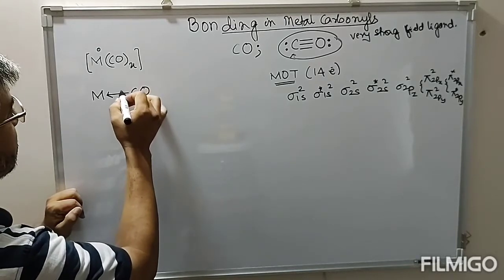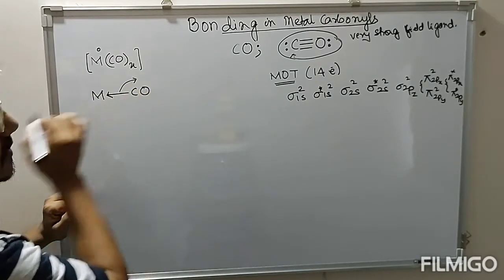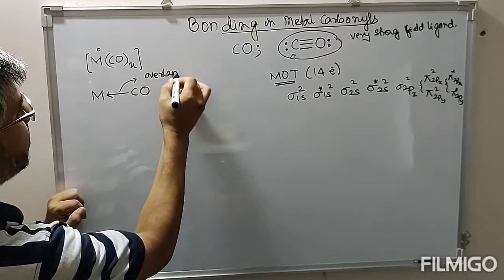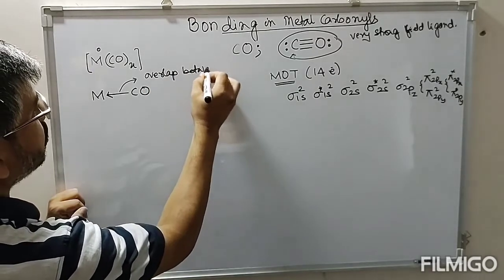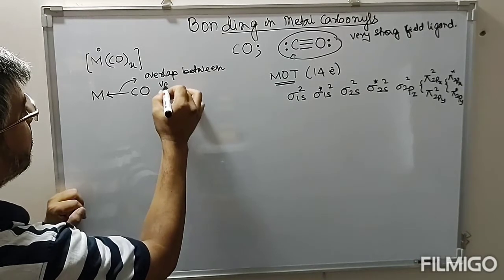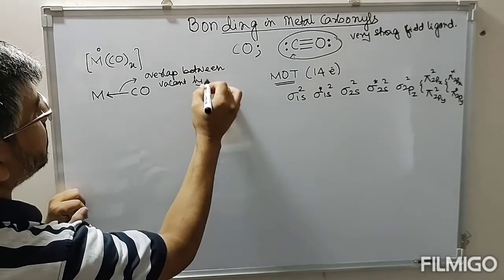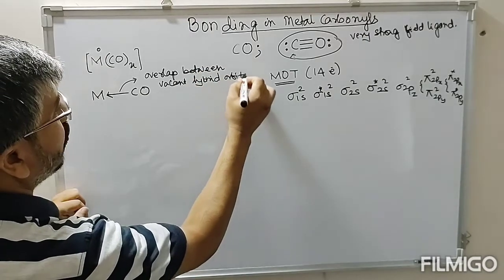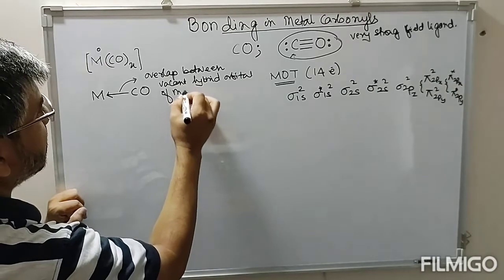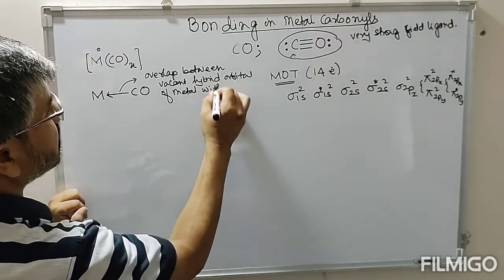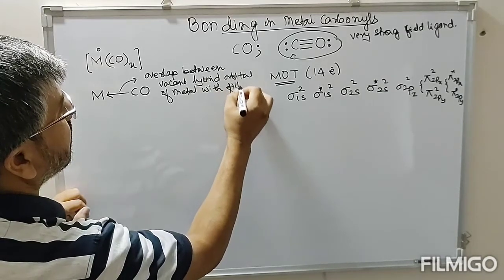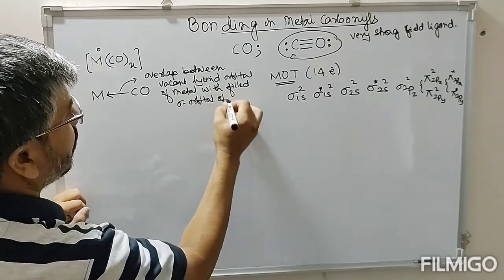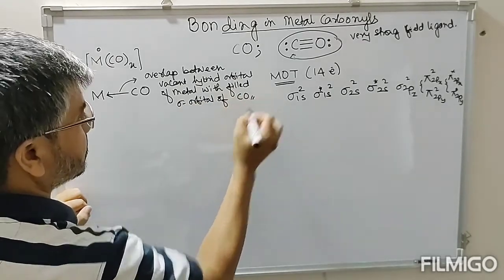This bond is formed by overlap between the vacant hybrid orbital of the metal and the filled sigma orbital of the ligand.